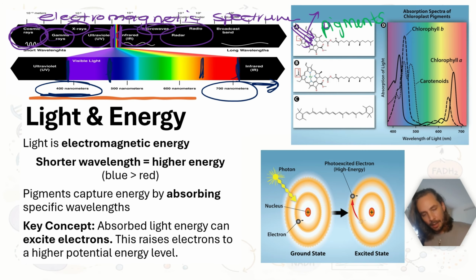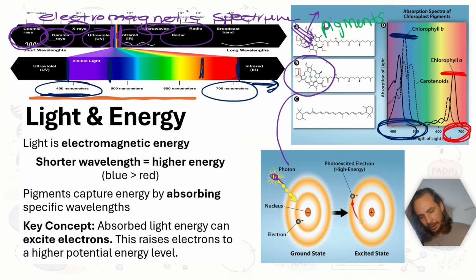If light has a short wavelength, it has very high energy, and if the wave has a long wavelength, it has lower energy. This is like the molecule that I just zoomed in on. If light hits that electron, this electron gets bumped into a higher energy state, so we say that it is excited.